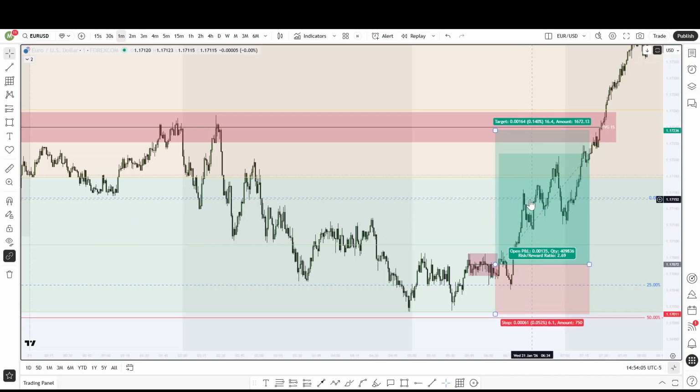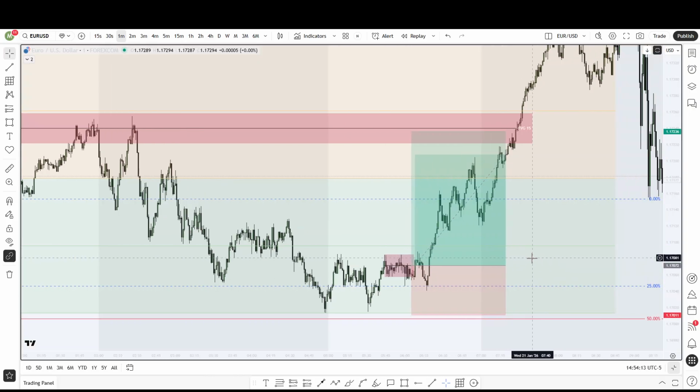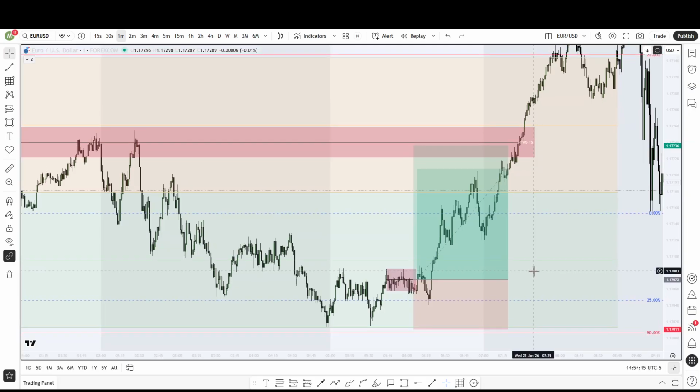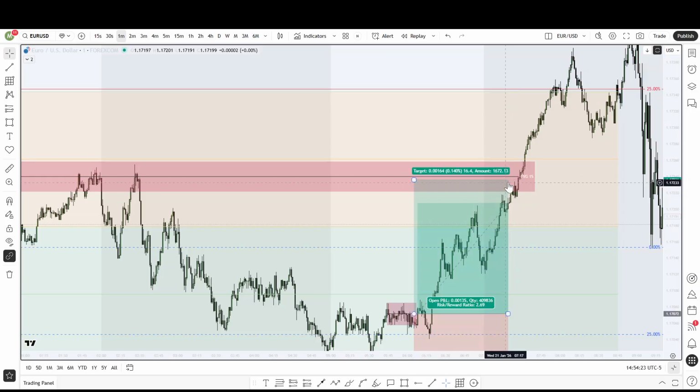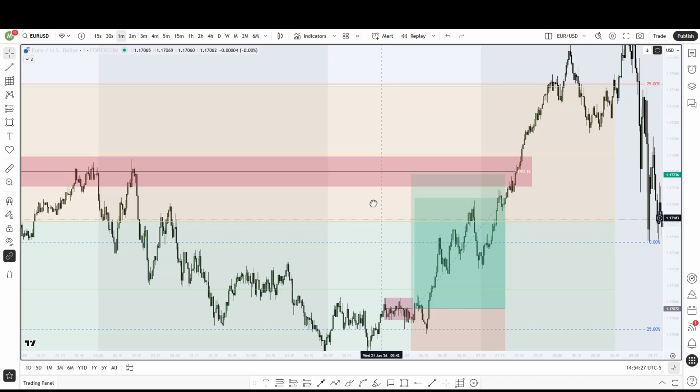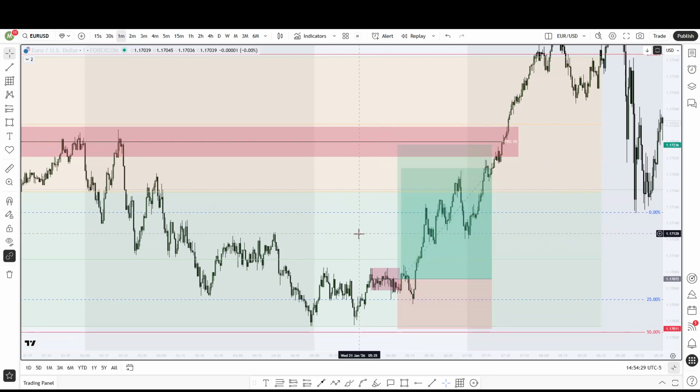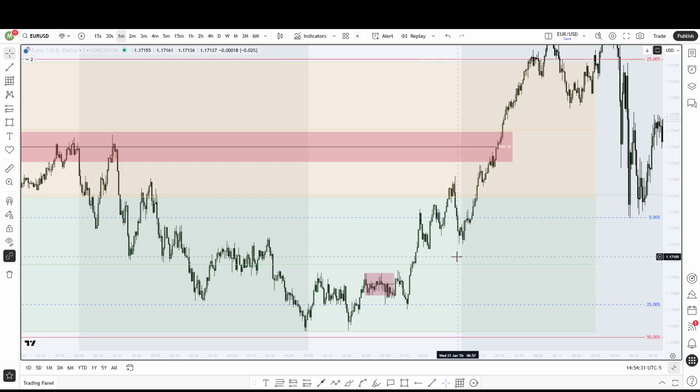So somewhere in this area, I took a partial, put my stop into profits, let's say break even. Very minor, let's say this left one, put my break even, and then as you can see, price kept following, and in the beginning of New York, my TP was hit. So that was my trade that I actually took.